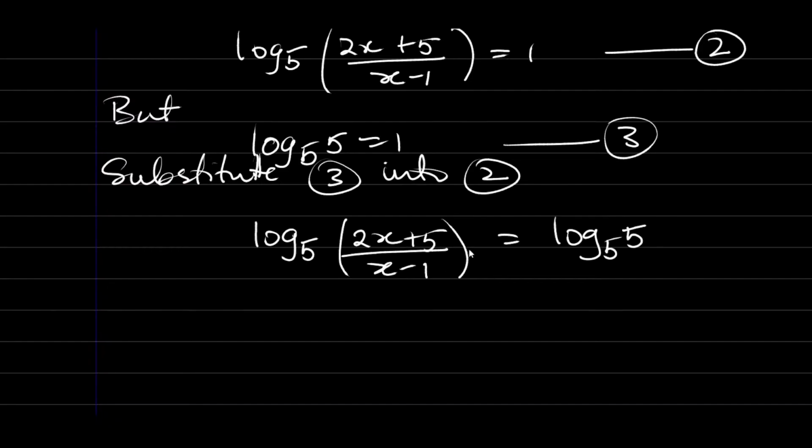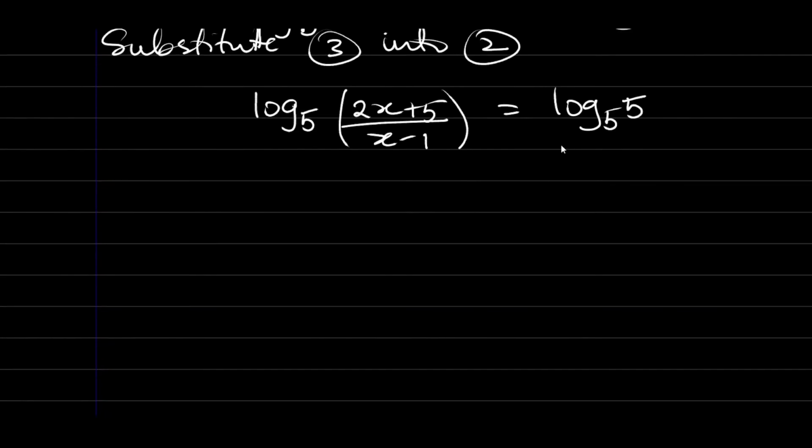And now I have log to the base of 5 on both sides, and according to the principles that we did before, that means that 2x plus 5 over x minus 1 is going to be equal to 5.